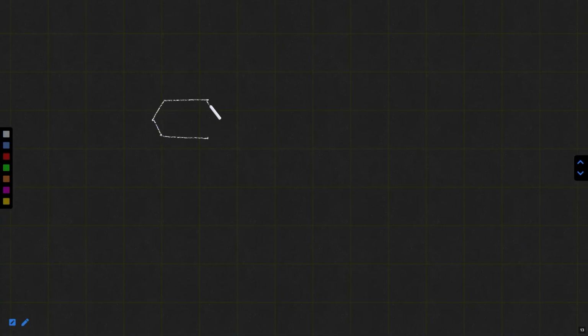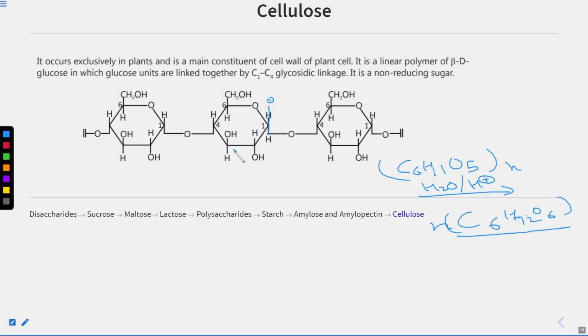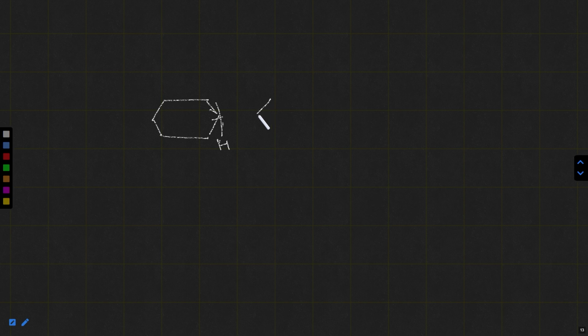There will be a six-membered ring, and since it is a beta unit, OH will be present on the upside and H will be present on the downside. At the C4 carbon we already have H present on the downside.